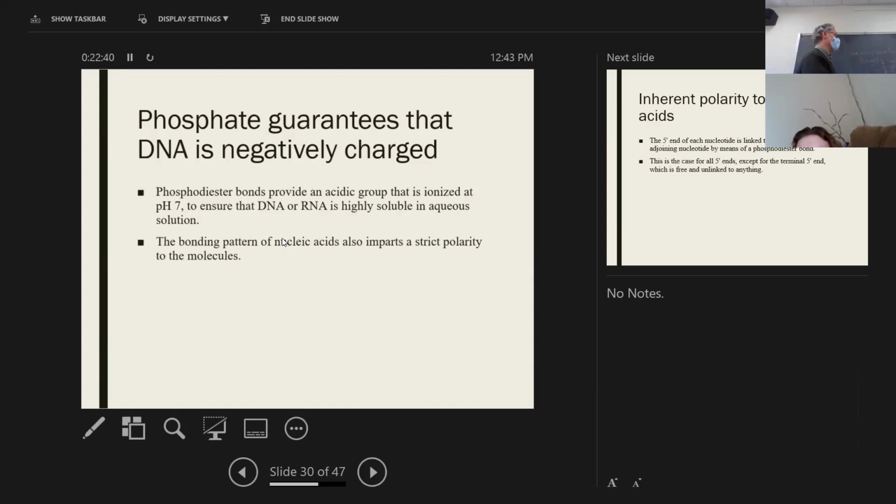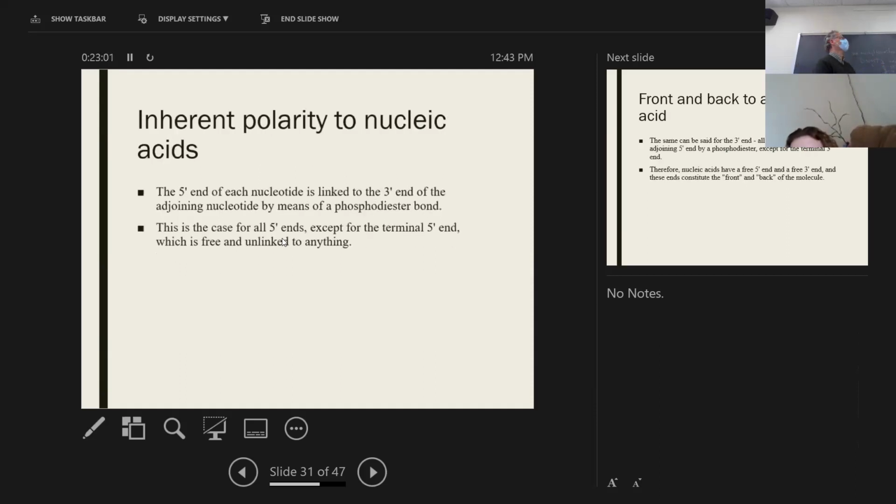That makes them acids. This means the molecule will be very heavily negatively charged. That is a feature of all nucleic acids. And because of the phosphodiester bond, you have a polarity to the nucleic acids.